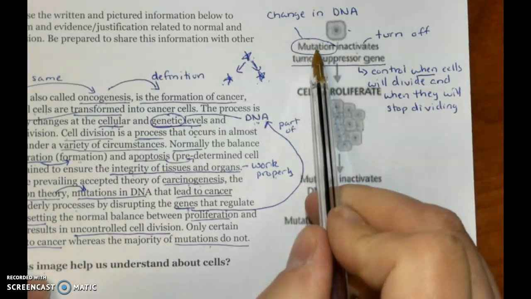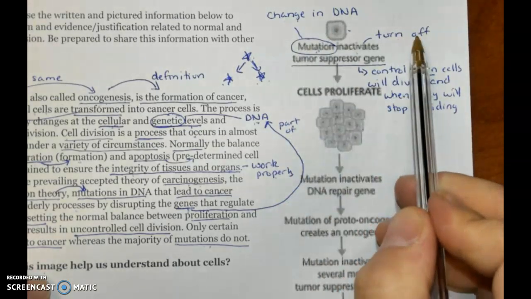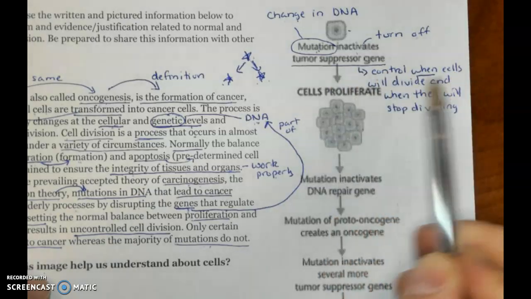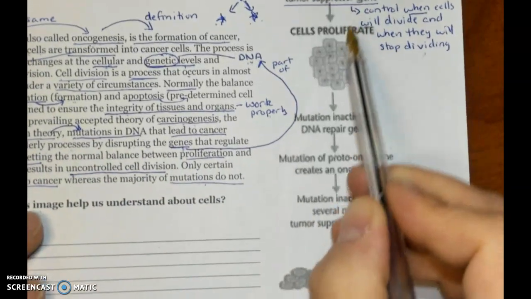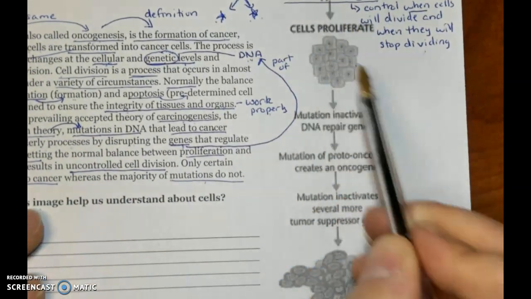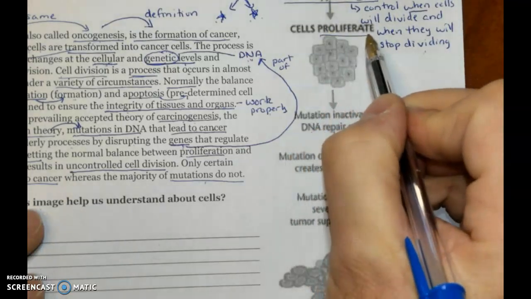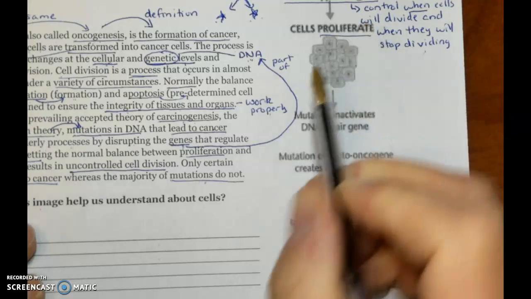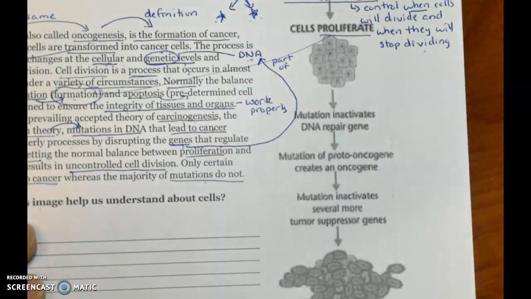So if there is a mutation, if there is a change in DNA that turns off this gene which controls when cells will divide and when they will stop dividing, we end up with multiple cells forming pretty quickly. We see proliferation. Once again, we identified proliferation over in our reading as the formation of cells.